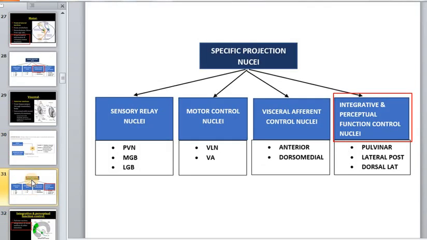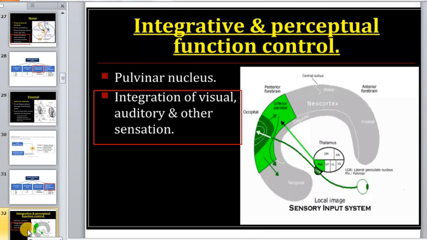So the next one, specific projection nuclei in the thalamic area. It is the integrative and perceptual function control nuclei, and here we see the part of these nuclei, integrative function control, integration of visual, auditory, and other sensation.